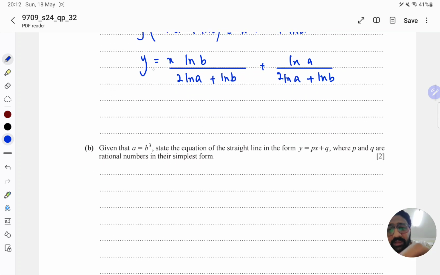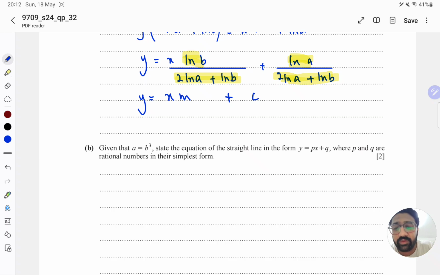Now if you compare it with the linear equation y equals mx plus c, this portion is the gradient and this portion is the y-intercept.